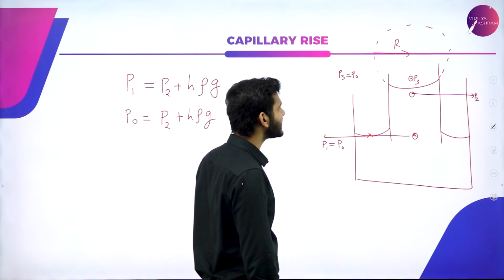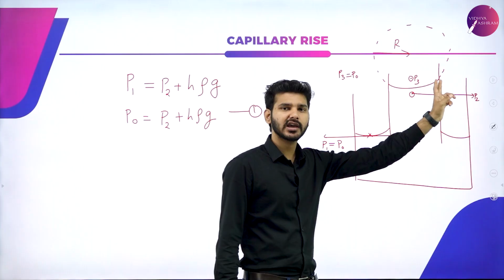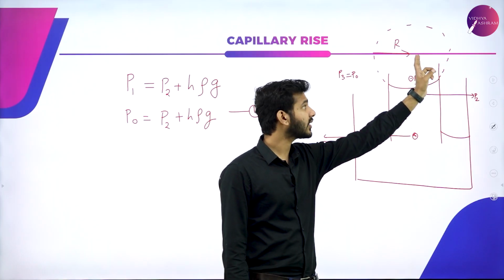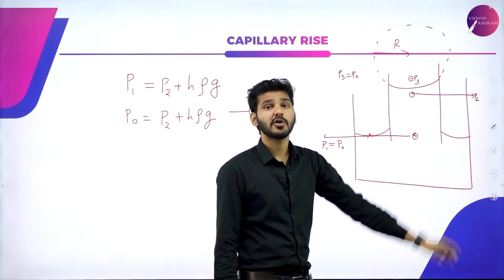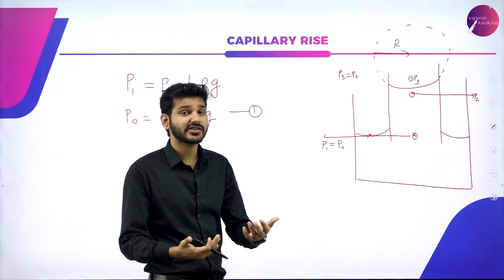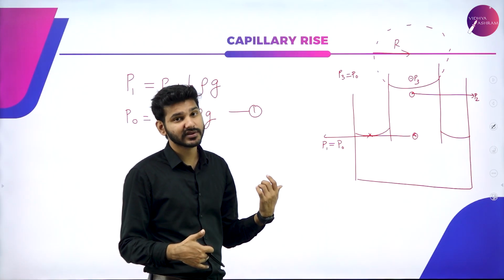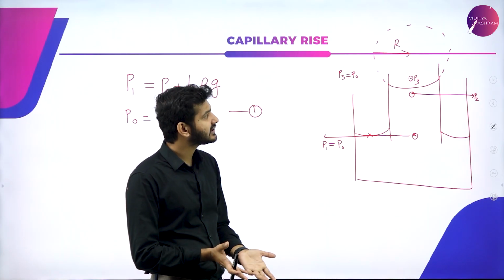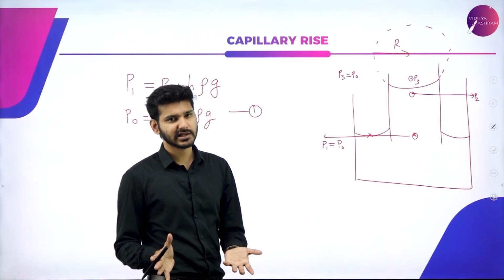So I can simply say that it is very much like a bubble, which means that the pressure of the bubble will be higher than the pressure just outside. We just proved that.